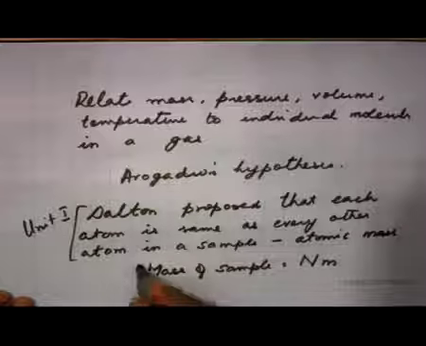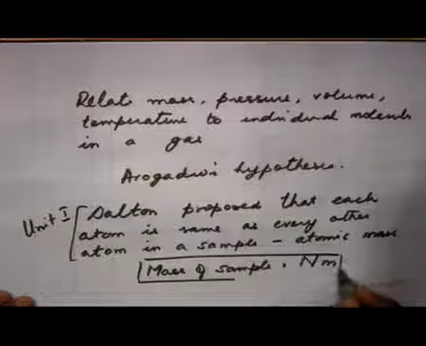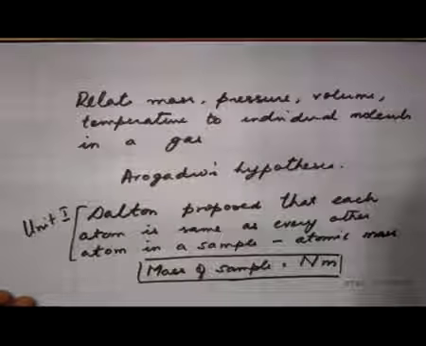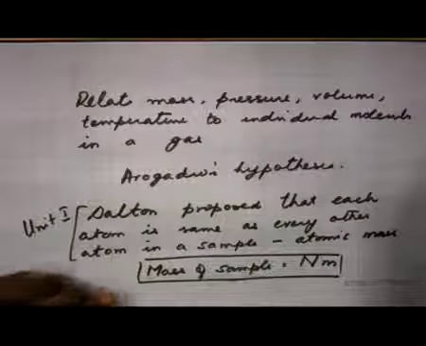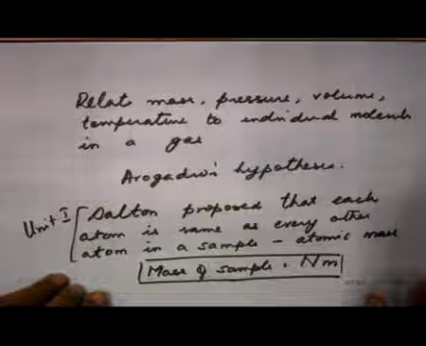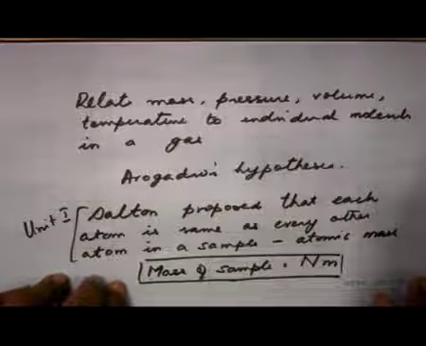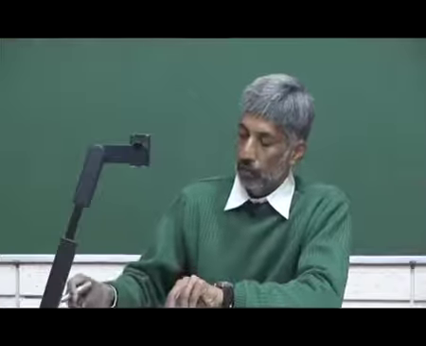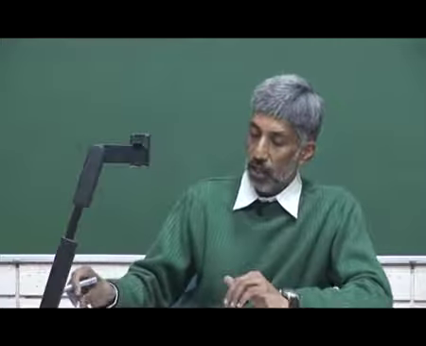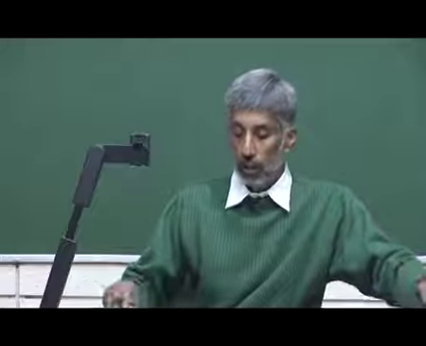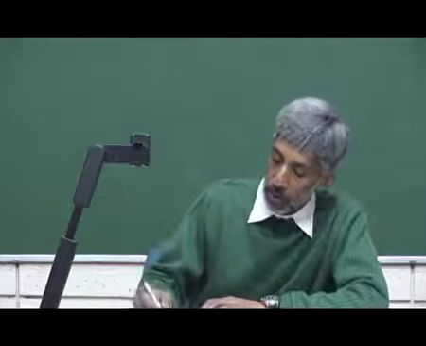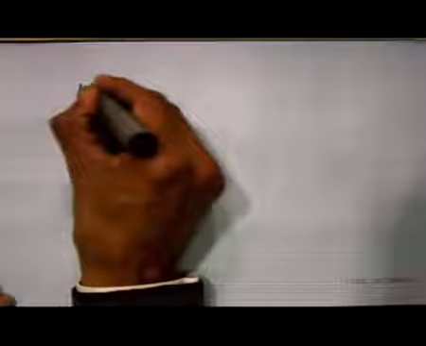So, this is something that we know from Dalton's atomic theory, and what Avogadro has now done is to relate this to the volumes of gases that react after Gay-Lussac's observation. So, let us try and see if there is a model that can explain all these observations with the gases.